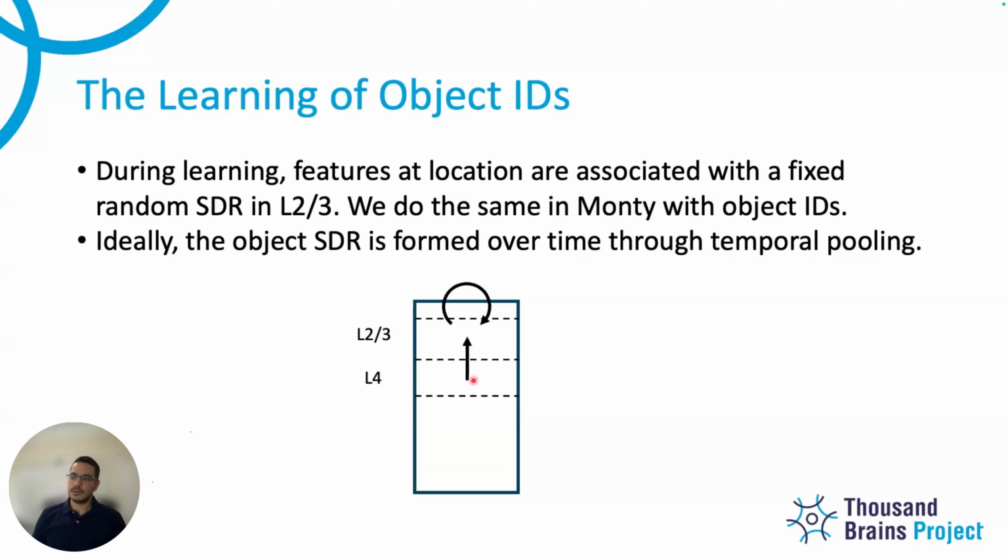Yes. Okay. I'm not going to spend too much time on this, but my thinking is that this object SDR evolves over time. It may start from some random seed, but it becomes more and more unique as it receives more features. The reason I have this loop is because it uses its own context and then adds more and more onto it, and it just becomes more and more unique over time.